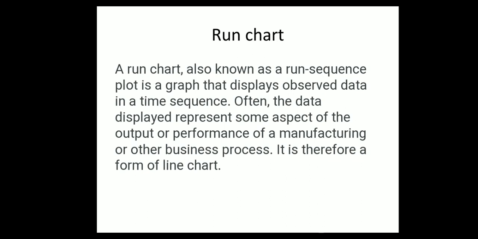A run chart, also known as a run sequence plot, is a graph that displays observed data in a time sequence. Often, the data displayed represents some aspect of the output or performance of a manufacturing or other business process. It is therefore a form of line chart.